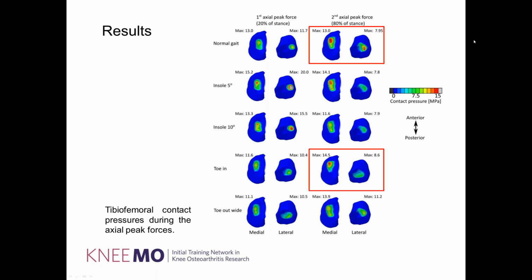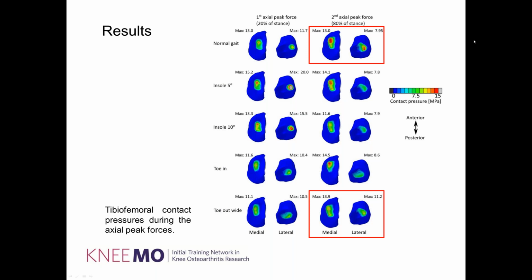In the toe-in method, unfortunately, we observed an increase during the second axial peak force in the medial tibial compartment, and the same thing also happened with the toe-out wide method. So none of these methods seems to be very good, but there are some things that puzzle me, which I will tell you more about in the next slide.